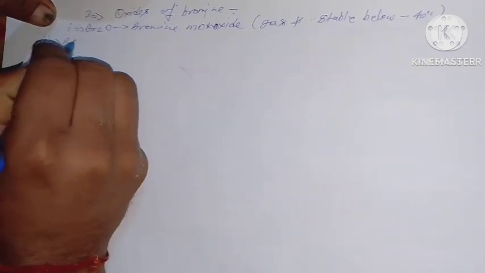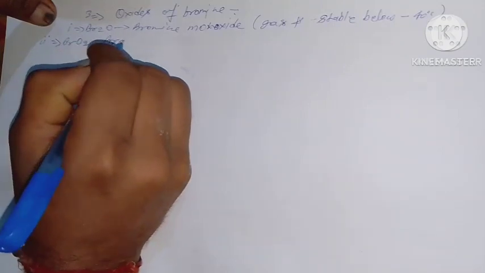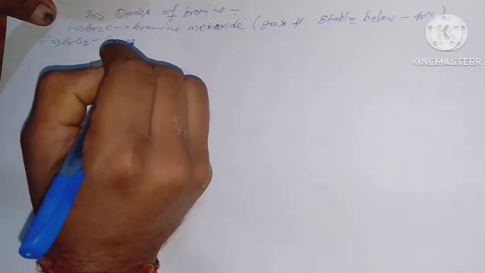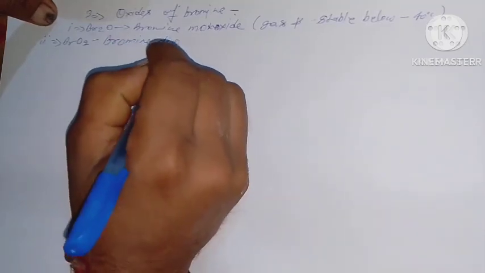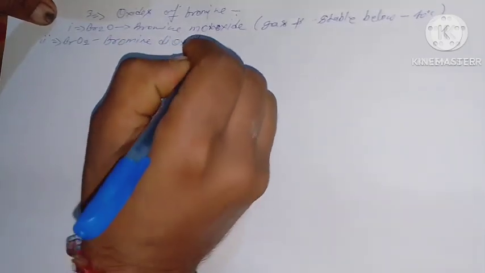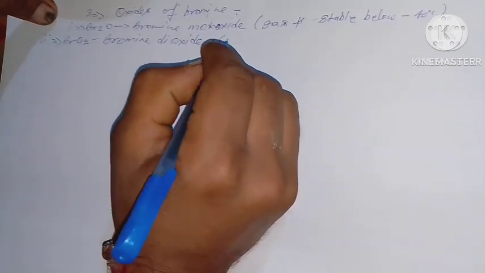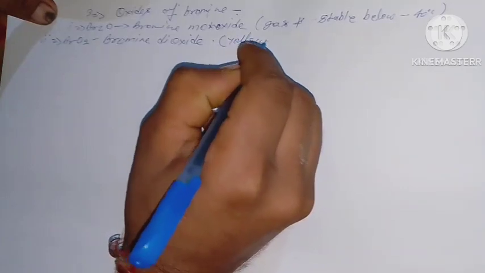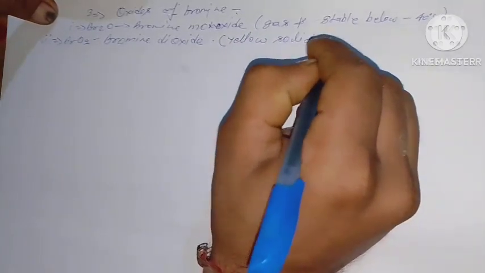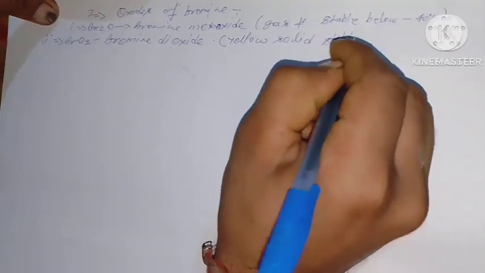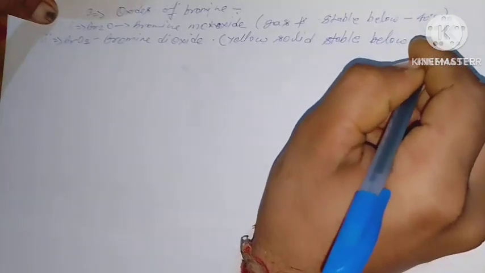Second point, BrO2, bromine dioxide. It is a yellow solid, stable below minus 40 degrees Celsius.